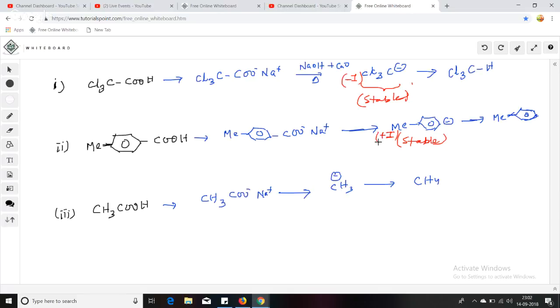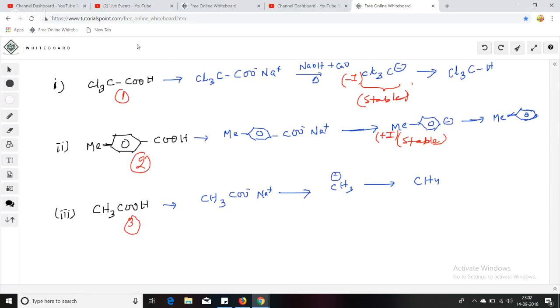So the stability of this anion is maximum for this one, then we have the second one, and in the last one, CH3 minus is least stable.